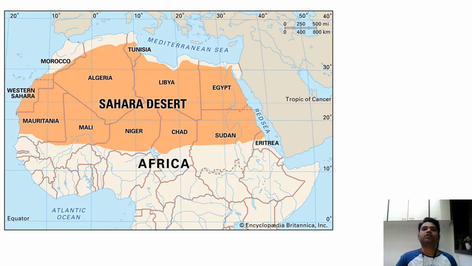The major fauna of this type of ecosystem are reptiles as well as rodents. In case of mammals, only those mammals survive here who can adjust their body temperature and conserve water, and who can survive in such dry and arid conditions. The best mammal to survive here is the camel.